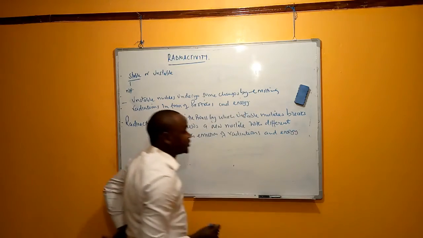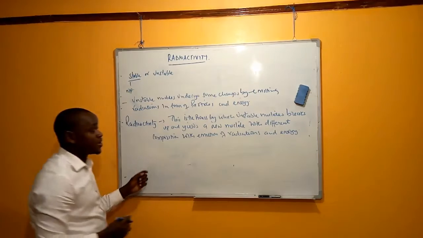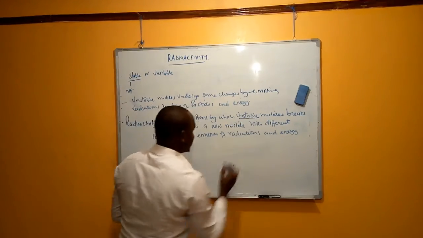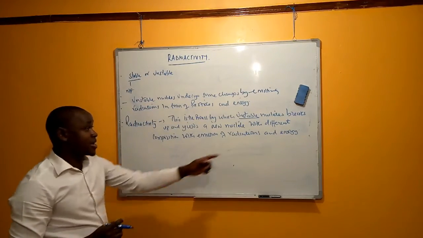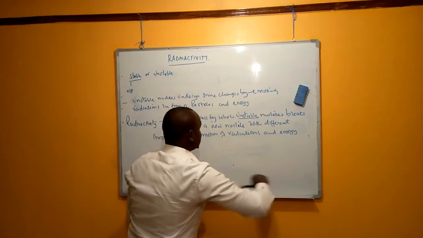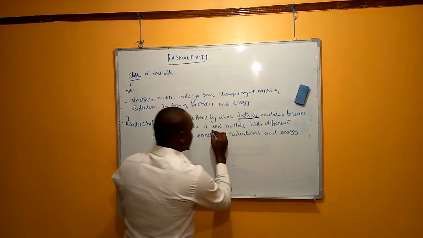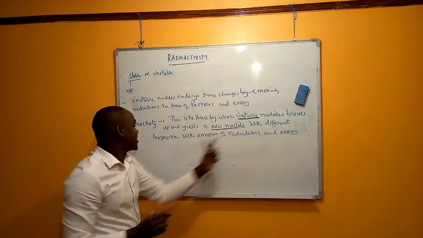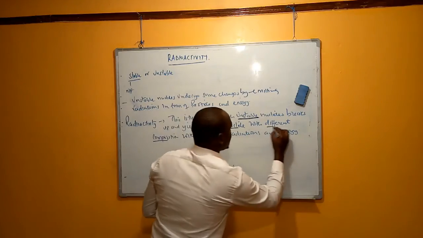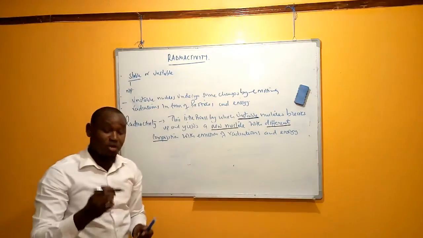We say radiations are emitted in form of particles. So the process by which an unstable nuclide breaks up to yield a new nuclide with different composition, with emission of radiation and energy, that process is called radioactivity.